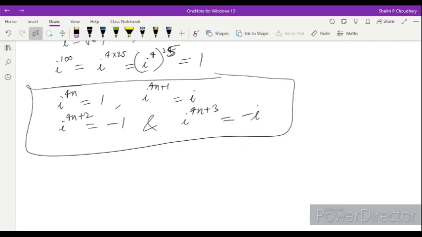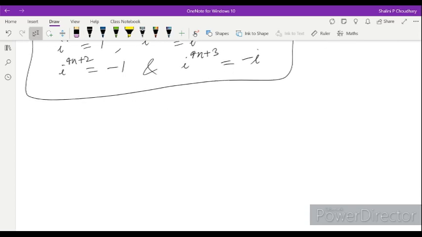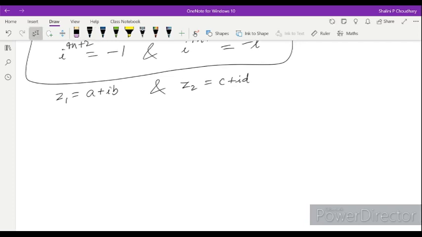Okay, now we can do division if we have two complex numbers. z1 is equal to a plus ib and z2 is equal to c plus id. ठीक है, so what we have to do, हमें क्या करना है, we have to divide z1 upon z2 अगर हमें find out करना है.